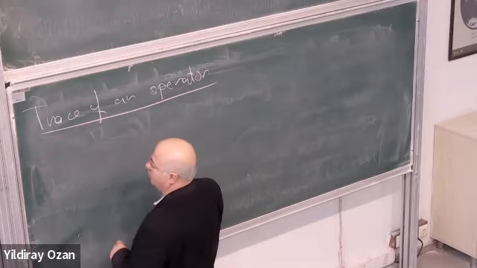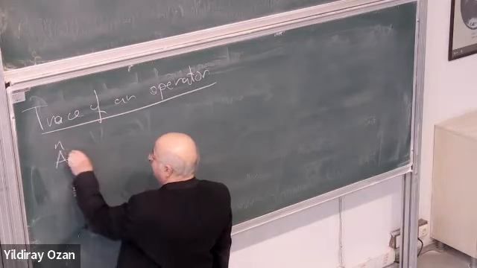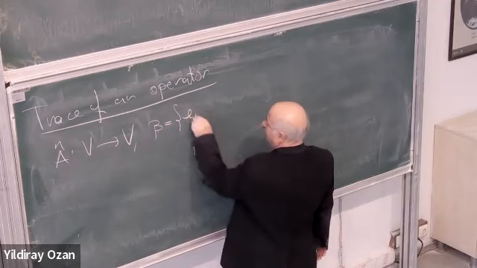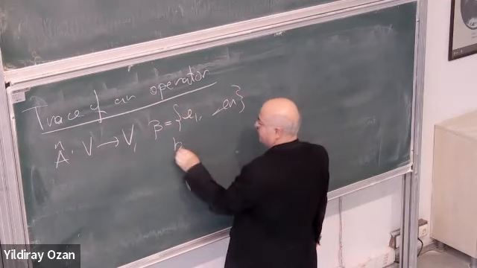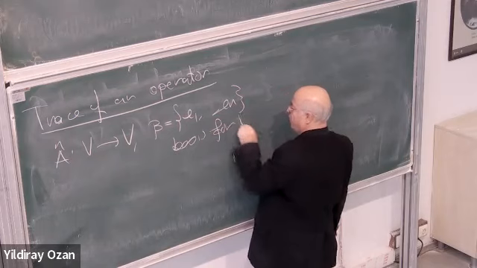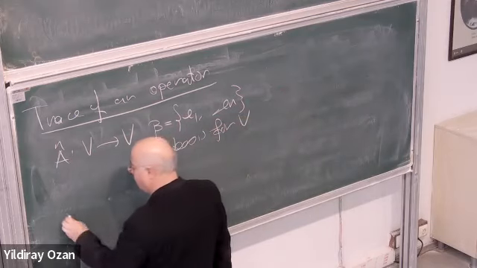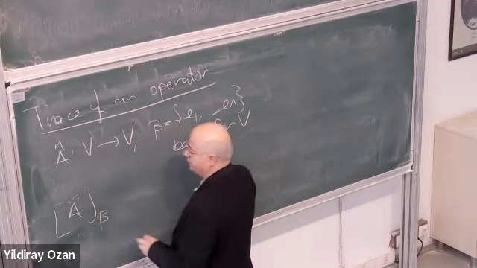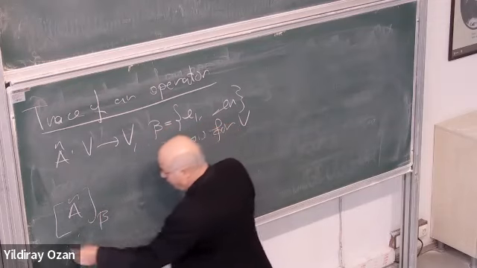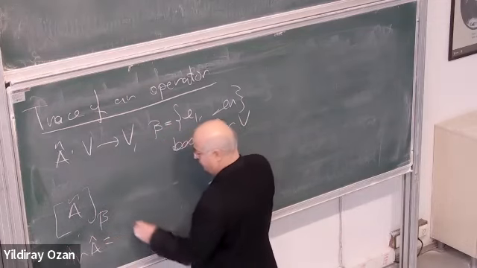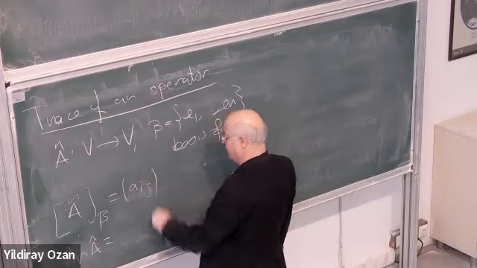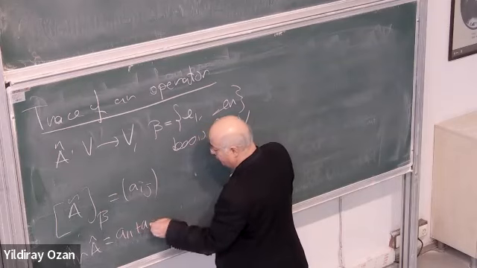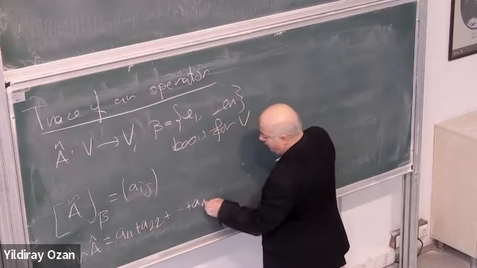Or, if you have an operator and suppose you have a basis for V, then you write down the matrix representation of this operator in the basis, and the trace of A hat is just, if this matrix is A_ij, the sum of the diagonal entries: A11, A22, up to Ann.